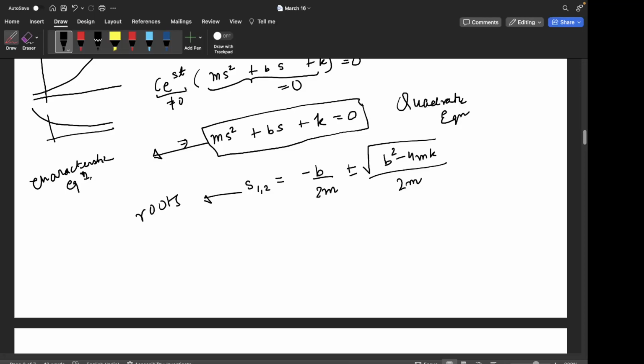Okay, I think I mixed two things. The roots can be either real or imaginary, that's one separation. And the roots can be distinct or equal. Roots cannot be equal in the case of imaginary roots, because if they are equal, then the imaginary part also has to be equal.